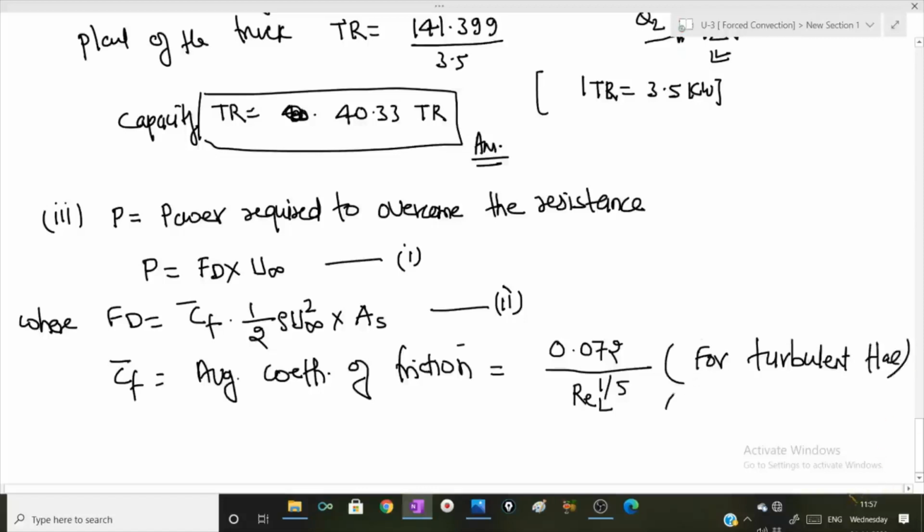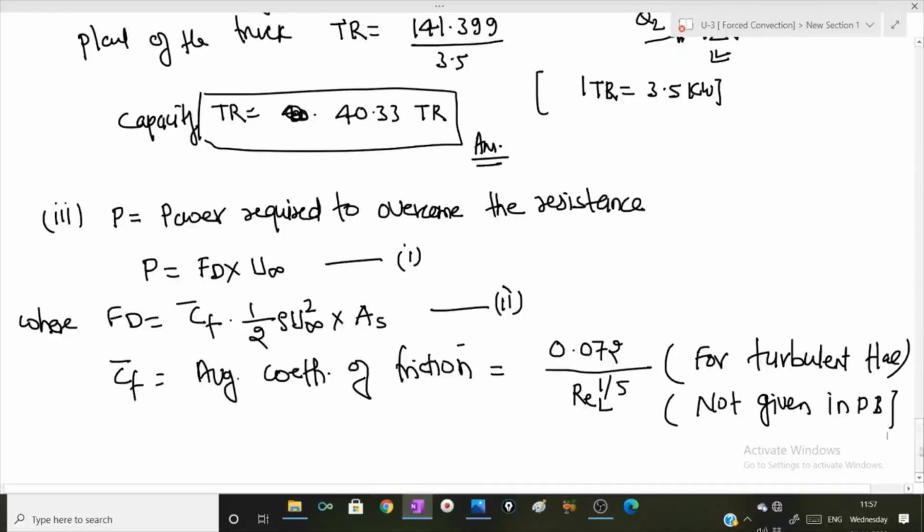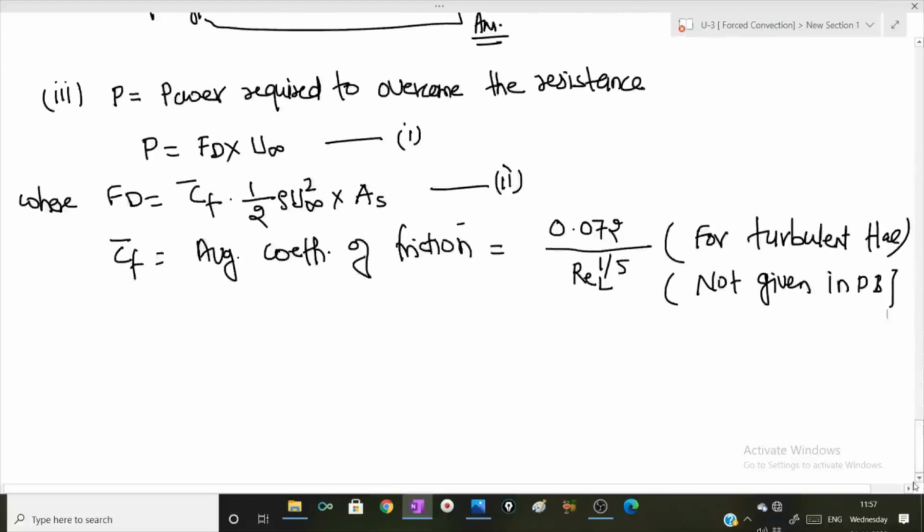It is not given in the data book. So you are supposed to remember this formula. For laminar flow, the value of average coefficient of friction is given in the data book, but for turbulent flow, you are supposed to remember. And let's say this is equation number 3.